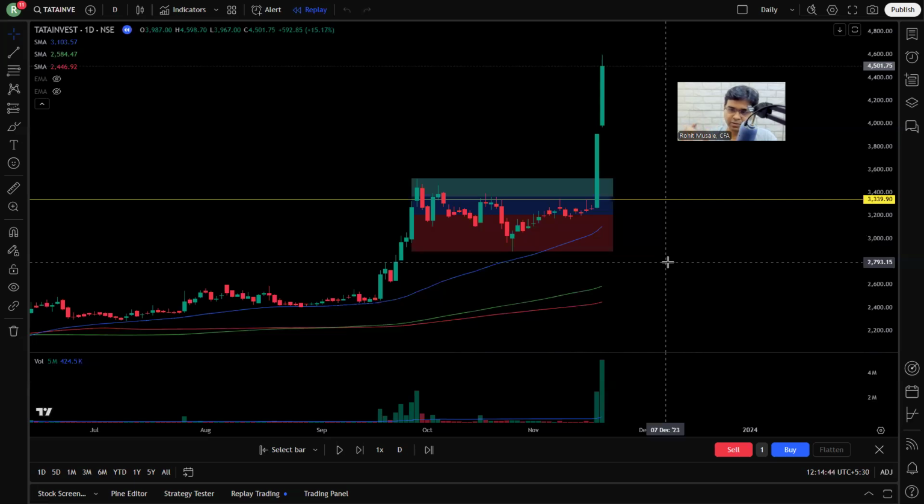Why 10 candles? Because one week has 5 days, so one week has 5 candles. So 10 candles means 2 weeks. So you are giving the stock 2 weeks of time to consolidate, which is a decent enough amount of time. People like William O'Neil would give 3 weeks, easily more than 3 weeks, but I prefer minimum 2 weeks of consolidation.